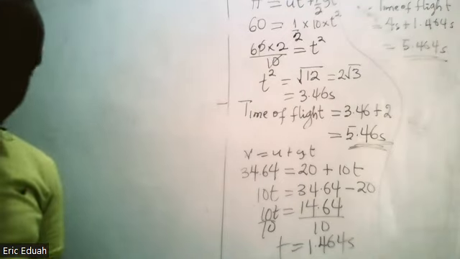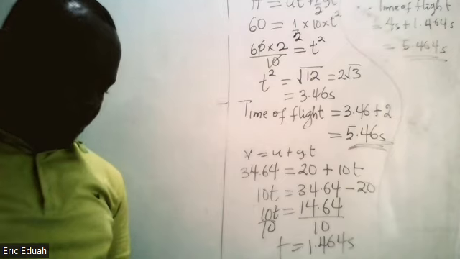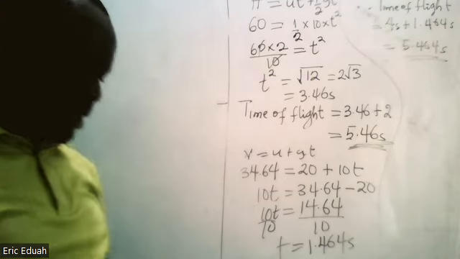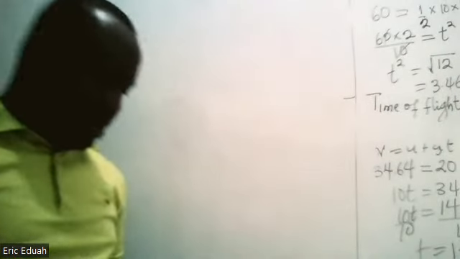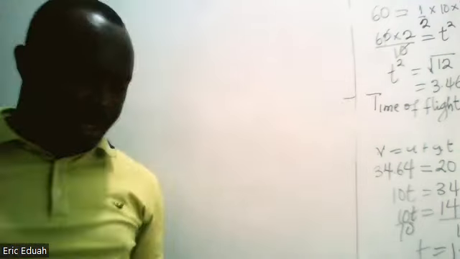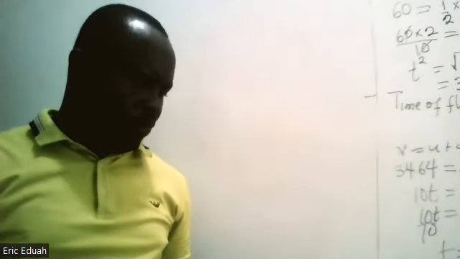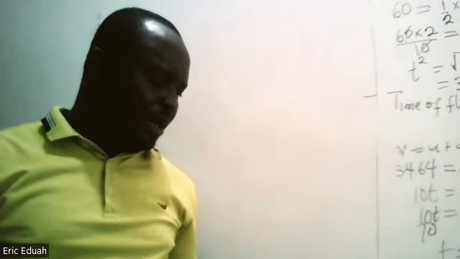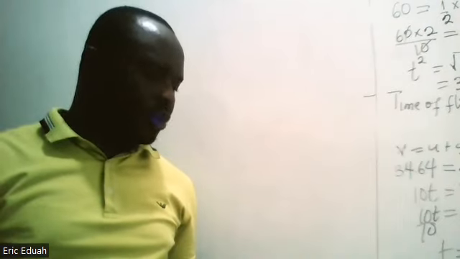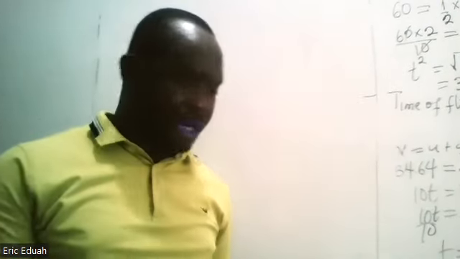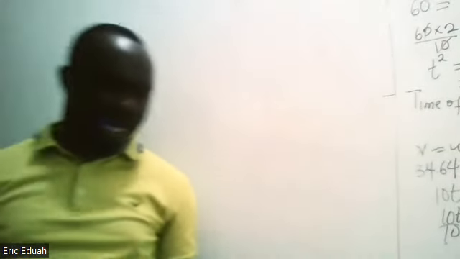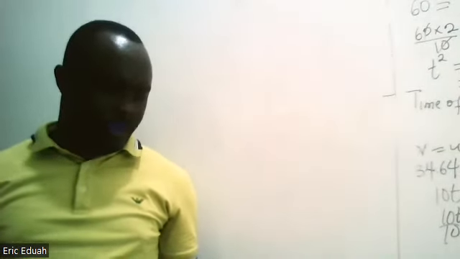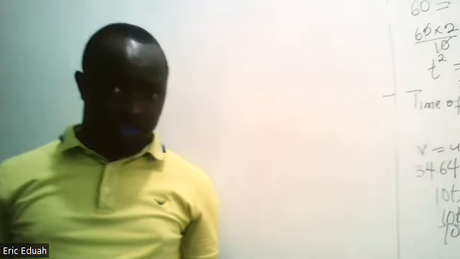All right. Let's move to question 1. The question says that from the top of a 30-meter high cliff, a stone is dropped.